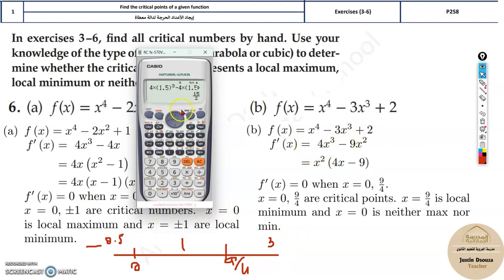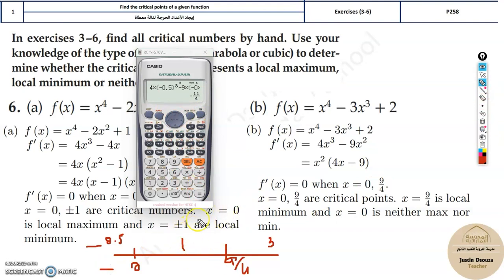We have to put in the derived equation, that is 4 multiplied by x, that is minus 0.5, the whole cube, minus 9 into minus 0.5 square. Okay, this is done. Press equal to, over here it's minus, so now it's fine.